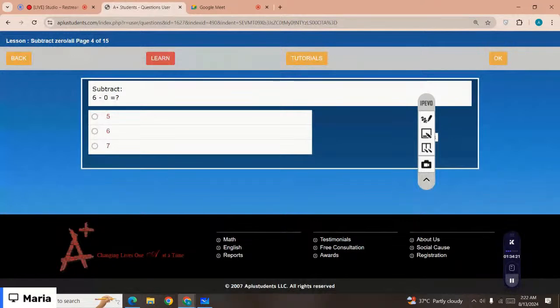Subtract 6 take away 0 equals. The correct option is 6 take away 0 is 6. So the correct option is 6.